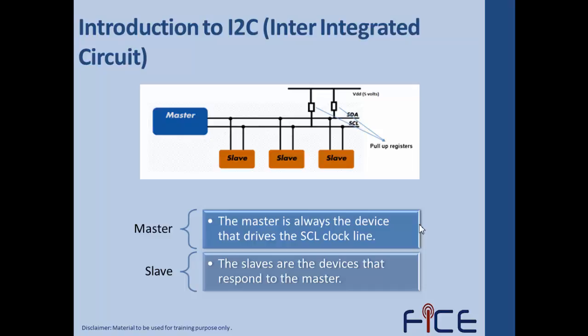The master is a device which always drives the clock line, that is, the serial clock line. The master device also initiates a transfer by generating start and stop conditions, transmits the slave address, and determines the data transfer direction, whereas slaves are those devices which always respond to the master.